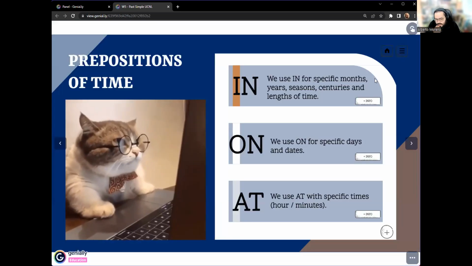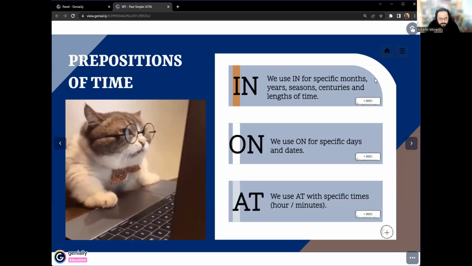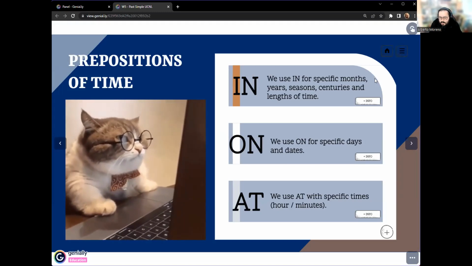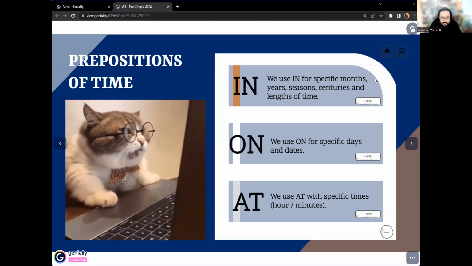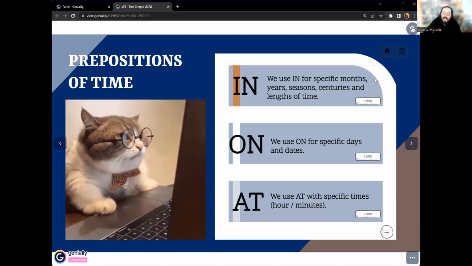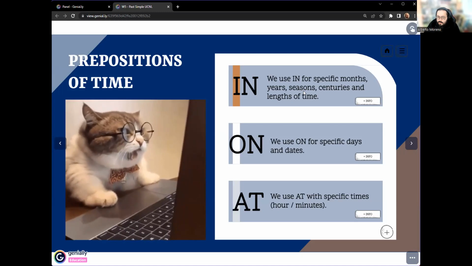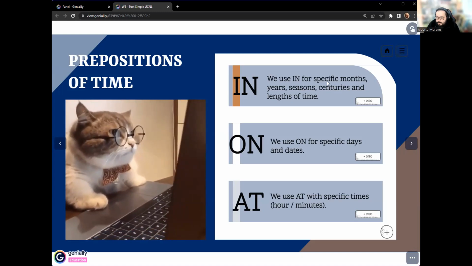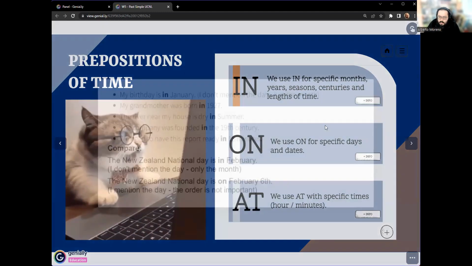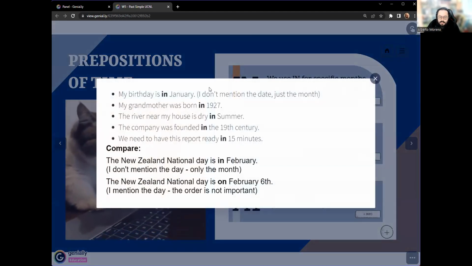So, let me explain this in Spanish now. Otro tema importante son las preposiciones de tiempo. Las preposiciones de tiempo son tres: in, on, at. Vamos a utilizar in para hablar de meses, años, épocas del año, siglos y periodos de tiempo. Como my birthday is in January.